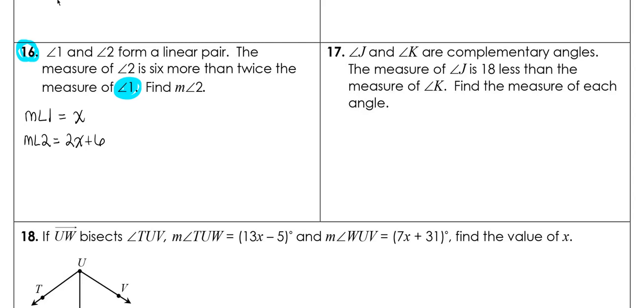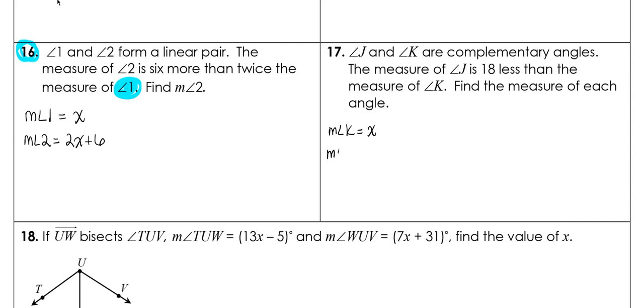So in 17, let's look at 17. J and K are complementary. Which one does it tell me nothing about? It tells me absolutely nothing about the measure of angle K. So the measure of angle K is your x.